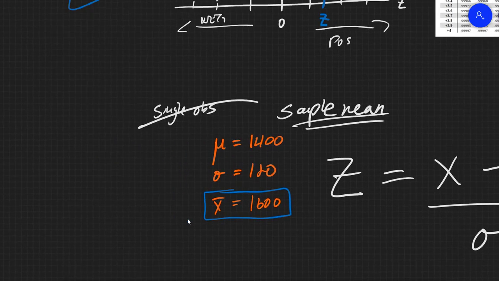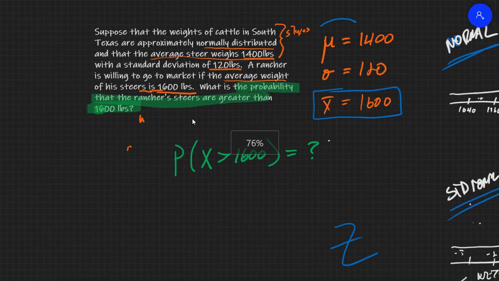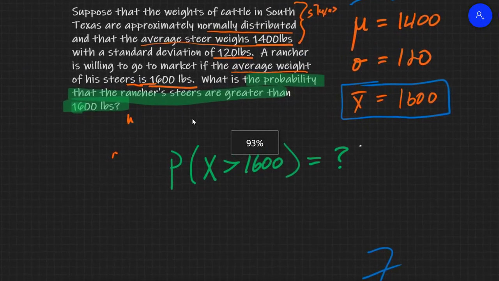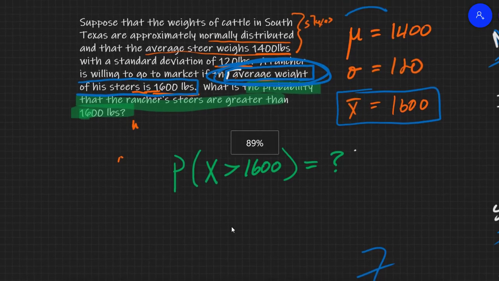How do we know that this is a sample mean? Because we're looking for, where's our question? We're looking for the average weight of the steers on the ranch. Average weight. All right, so we know we're not looking for the probability of one steer.